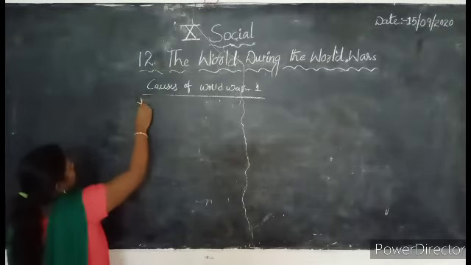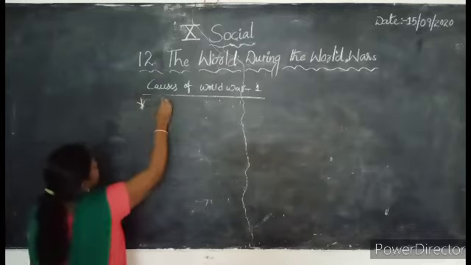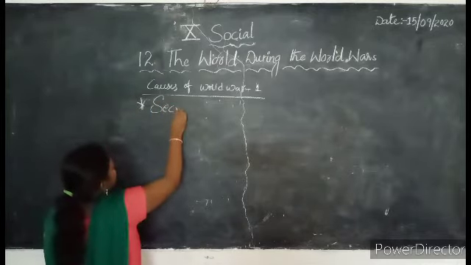So, the next cause of World War I is secret alliance.